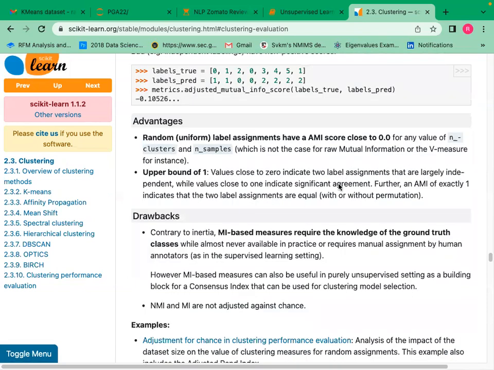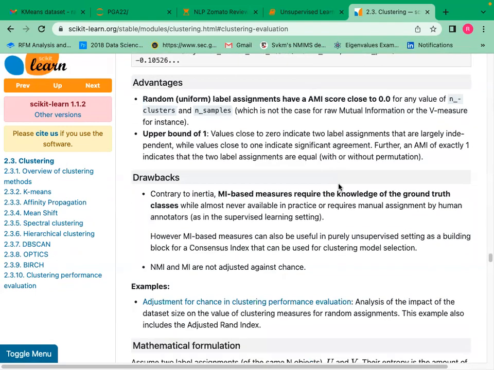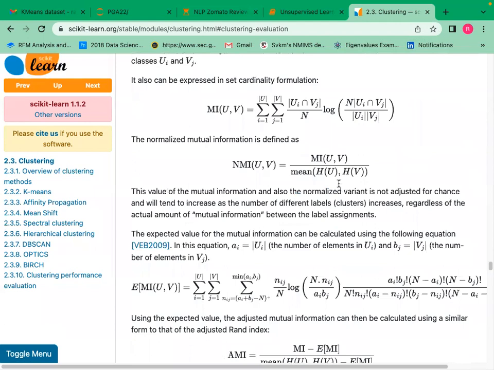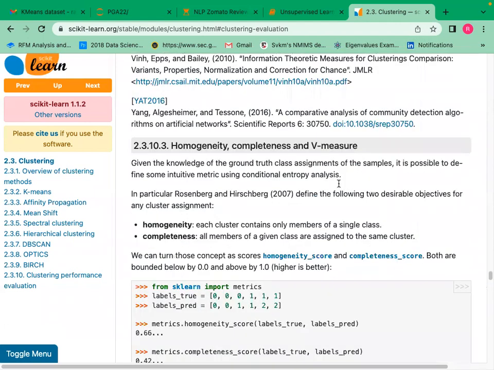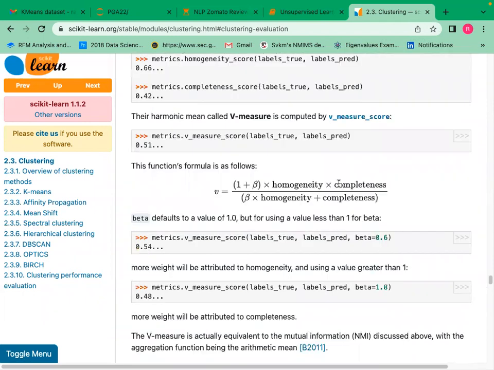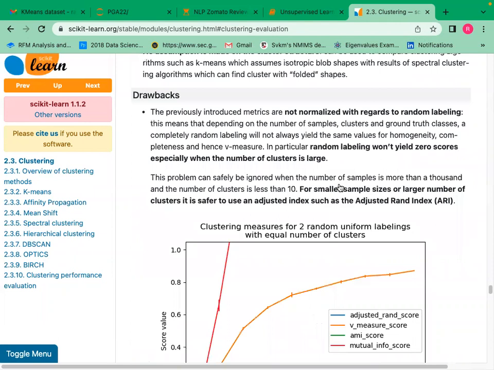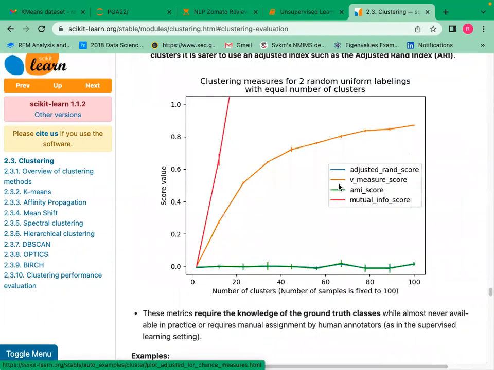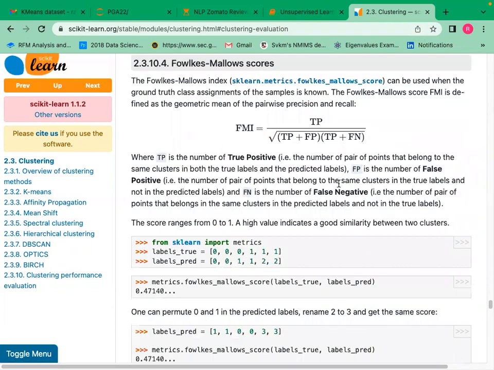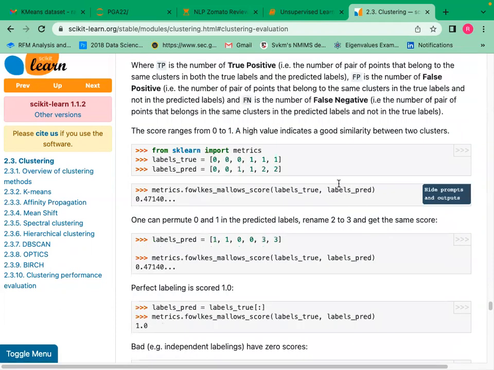Affinity propagation. Fowlkes-Mallows score.